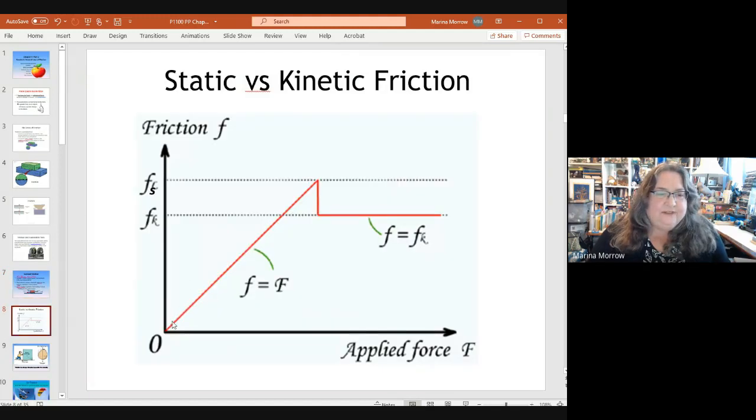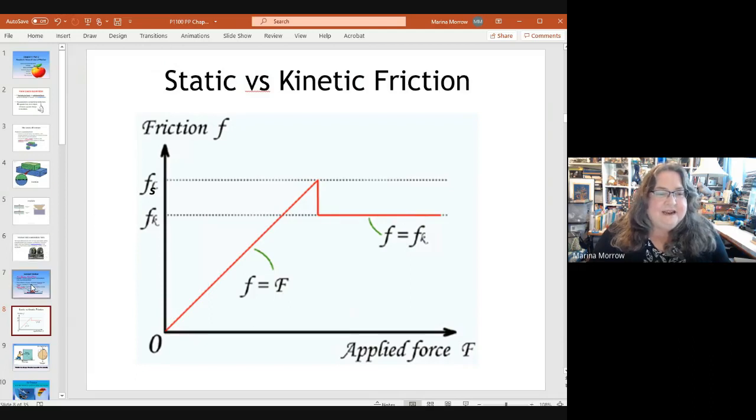And so this frictional force gets larger and larger as you are applying a force, let's say the static friction force, and it reaches a maximum value and then drops down to the kinetic friction. And that's when you're sliding along, it's less.